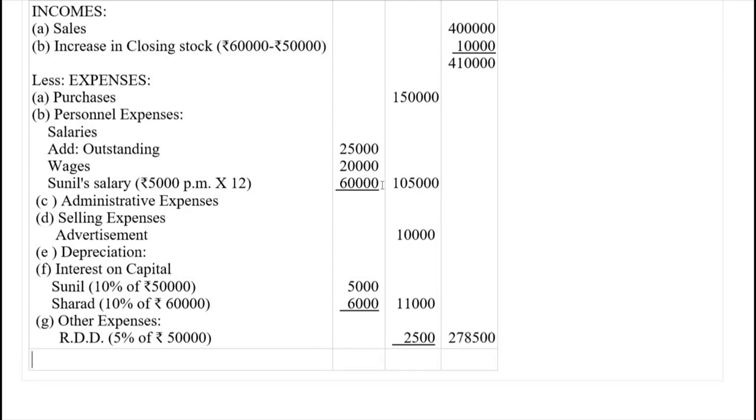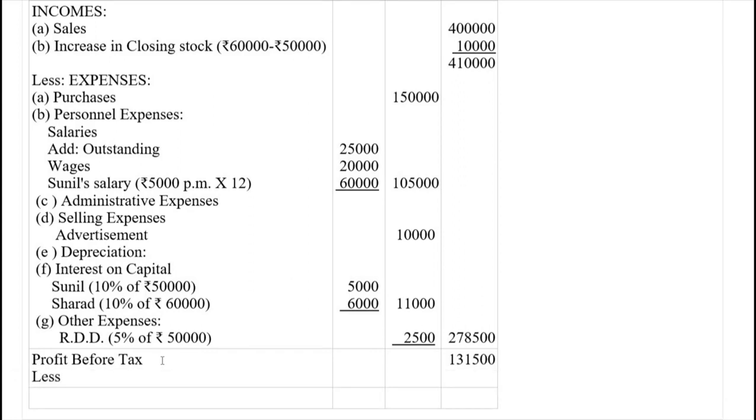So profit before tax comes to rupees 1,31,500. Actually we should calculate the tax, but in this problem it is not given. Practically speaking, we should take 30% tax, because the rate of 30% is prescribed by the Income Tax Act.